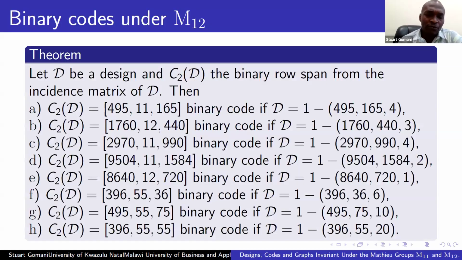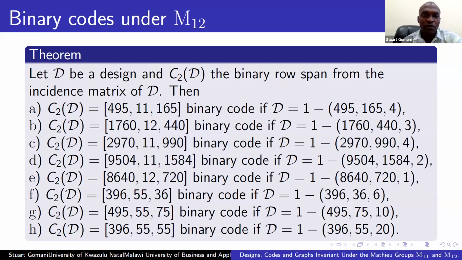Now, when we come to M12, we could only construct 8 binary codes from their corresponding designs. Computationally, it became a big challenge to be able to obtain the other codes from the designs. So we could only manage 8.